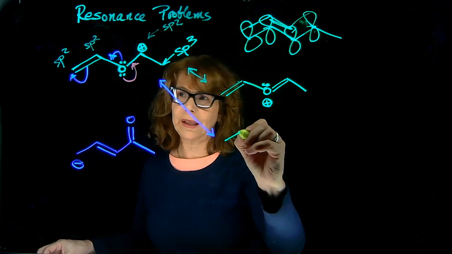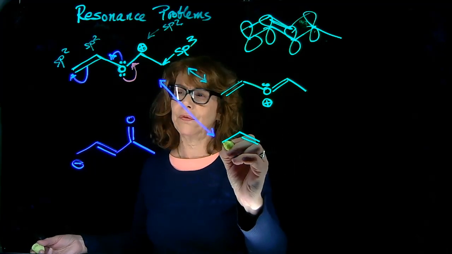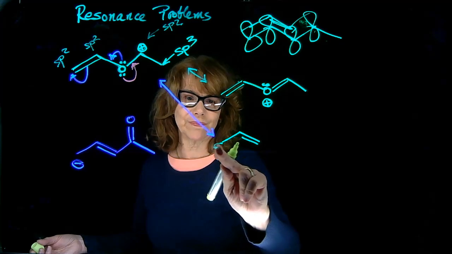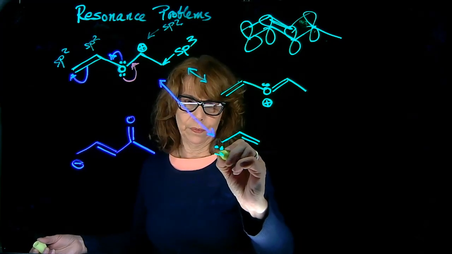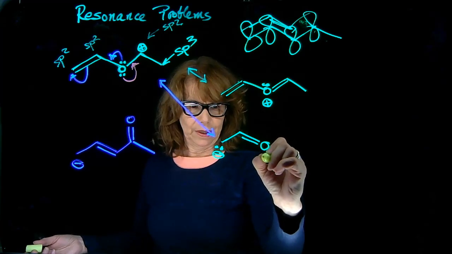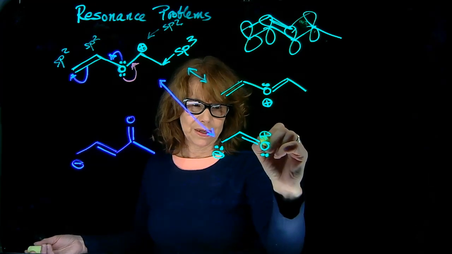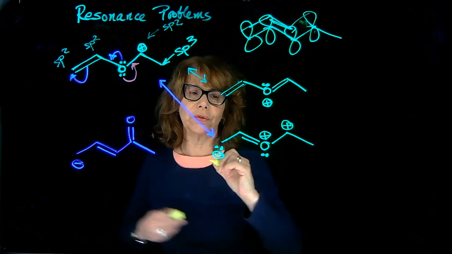Then we will analyze whether that contributes significantly or not. Here I am putting a lone pair. Of course, charge is going to be negative. I'm going to have a lone pair, so that is positive. And this structure does not contribute.